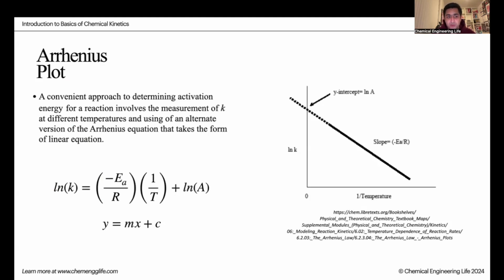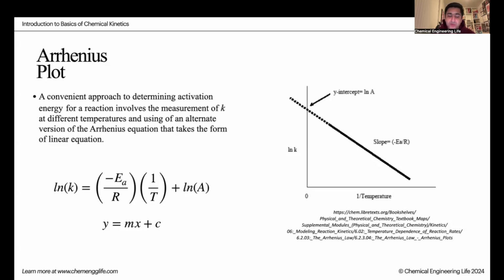If you look at the expression, ln k is equal to the first term plus ln A. It resembles the equation of a linear curve, y equals mx plus c. The m is the slope. The c is the y-intercept. And if you plot your ln k against 1 over temperature, you end up getting a curve that looks like that.